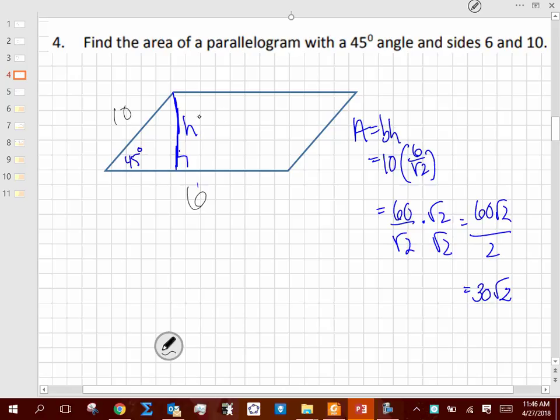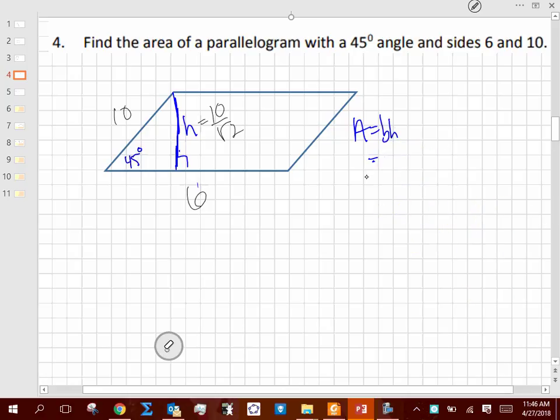This distance here would be 10 divided by radical 2, correct? Okay. So now when I do the area formula, B is 6, H is 10 over radical 2. Does that still give me 60 over radical 2? Okay. So if it still gives me 60 over radical 2, then obviously I'm going to rationalize that the same way. So I get 30 radical 2 in my answer.